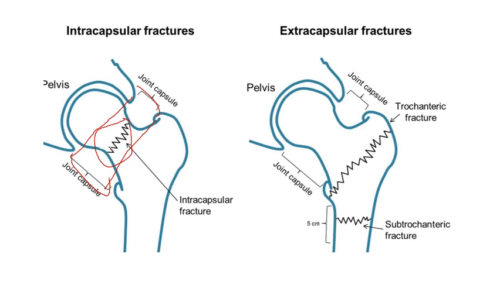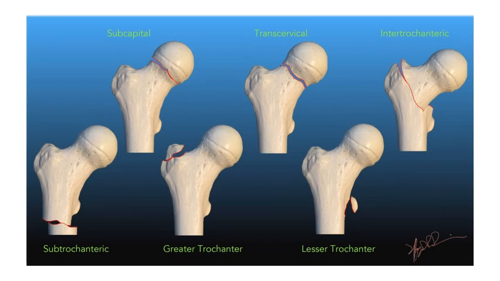If there is a fracture of the trochanter, usually we see intertrochanteric fractures. If there is a fracture just outside the joint capsule, anywhere here, this is your extracapsular fracture neck of femur. These are the types of fractures.